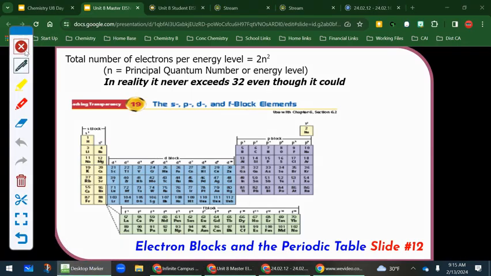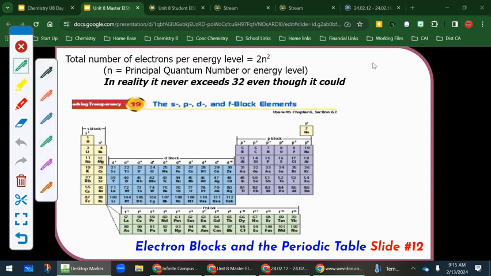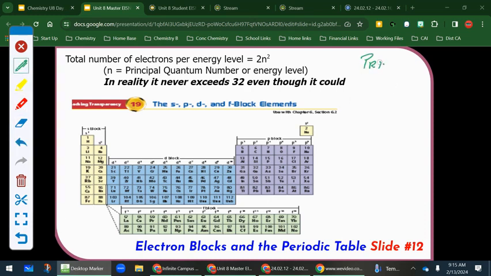All right. So, to start with, number 1, we have the principal quantum number.